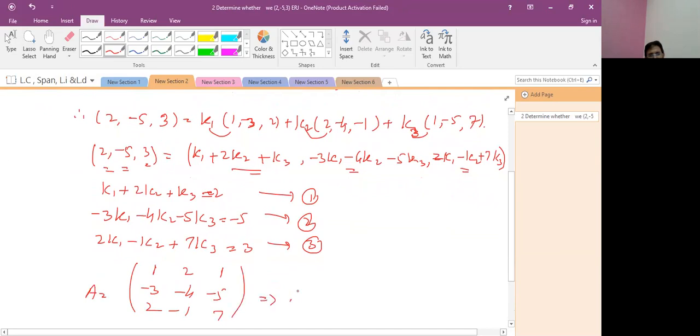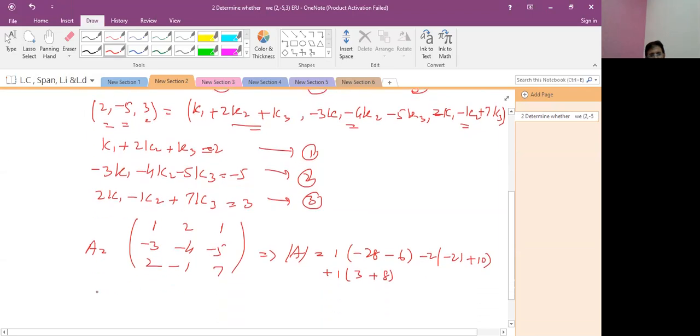We find the determinant value: 1 into minus 28 minus 6, minus 2 into minus 21 plus 10, plus 1 into minus 3 plus 8.